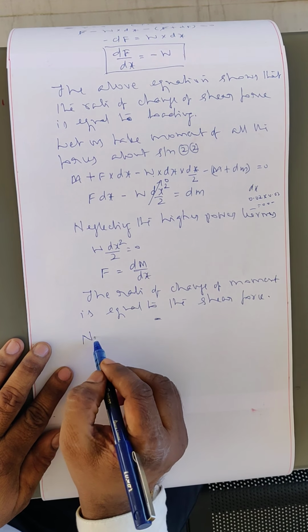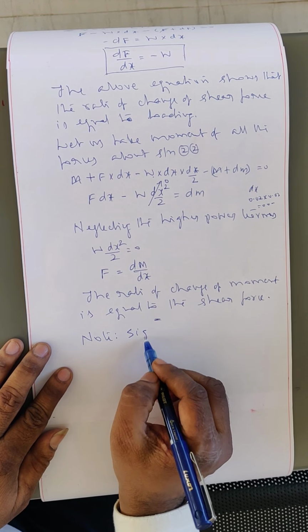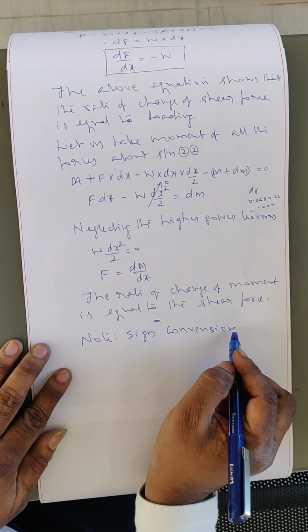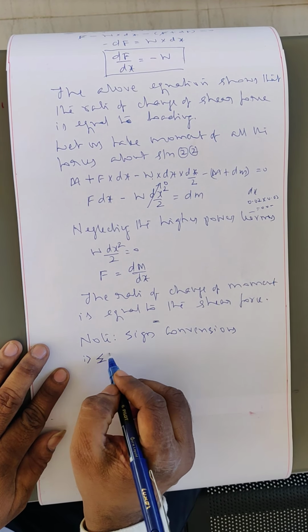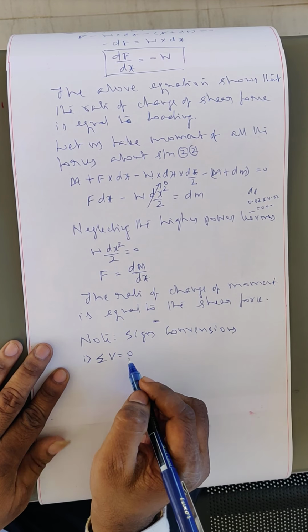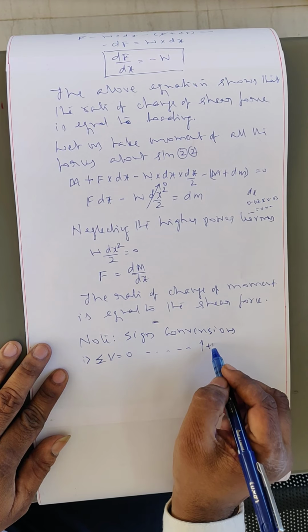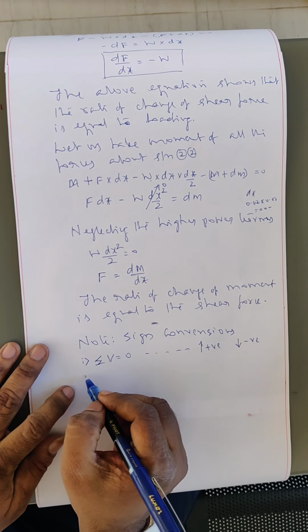Sign conventions. First one is sigma V equal to 0, that is the summation of all the vertical forces equal to 0, taking upward forces positive, downward forces negative.